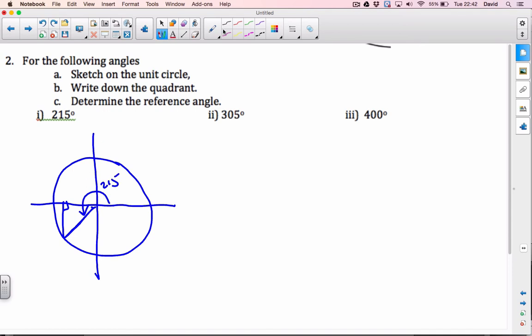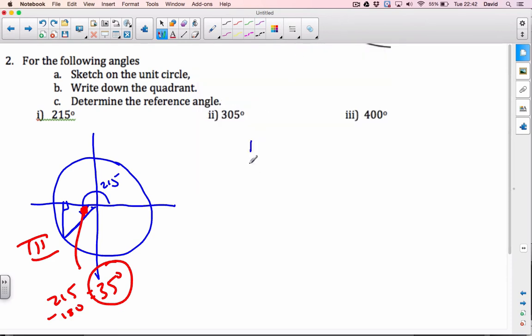My reference angle fits right in here. And that angle value is, if I go 215 minus 180, equal to 35 degrees is my reference angle. That's the reference angle, 35. And the quadrant is number 3.